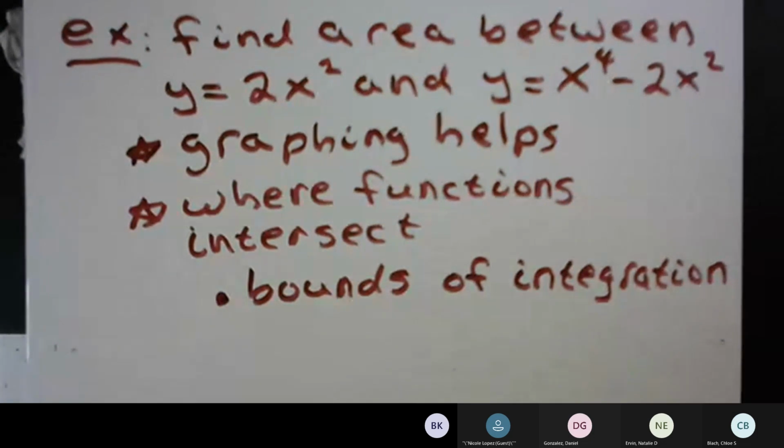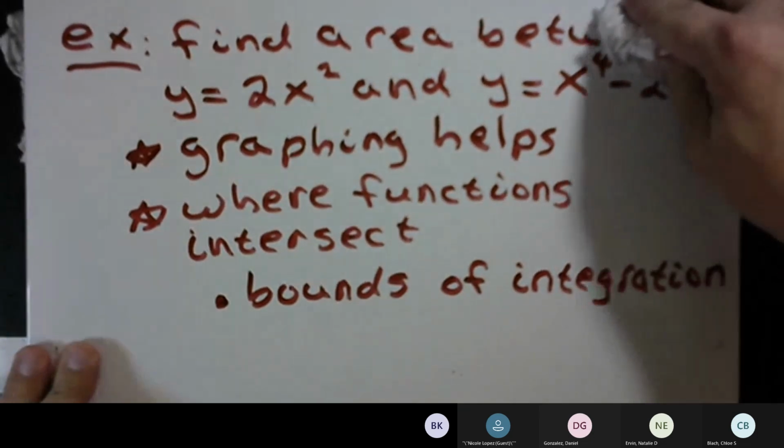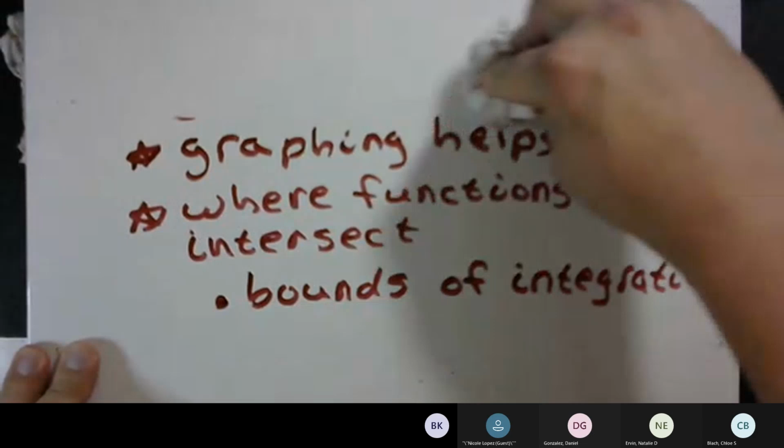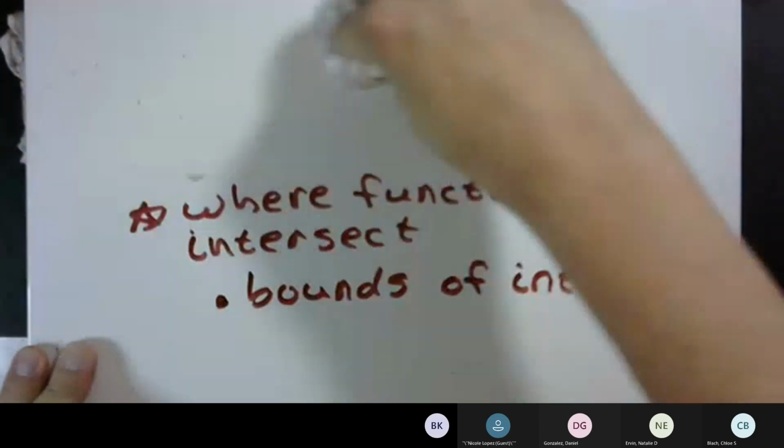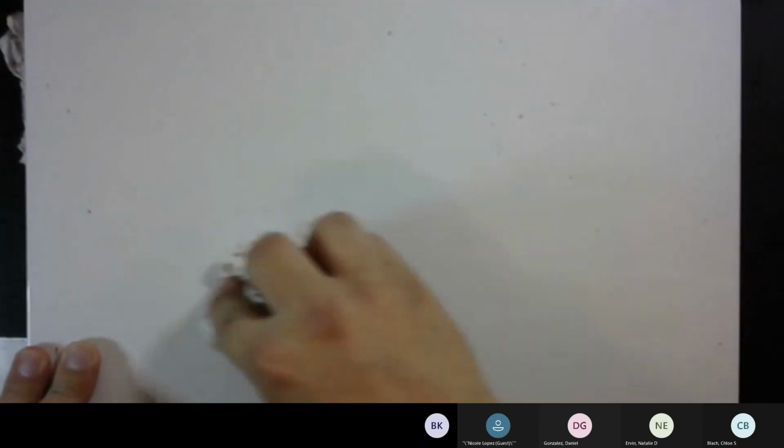So let's do that. Let's graph these two functions. Let's get a sense of what we're actually doing. All we know is that we have two functions. There's some kind of area between them. Let's make sense of this.